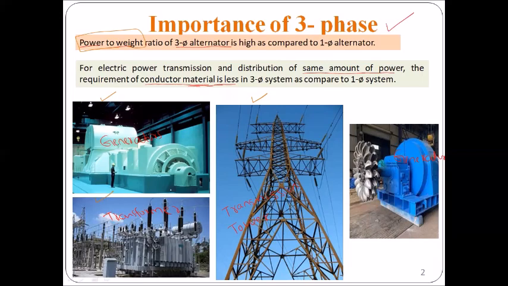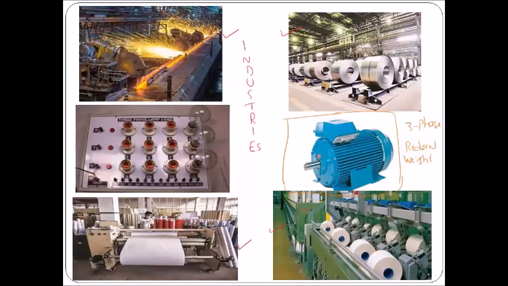An added advantage is that the load, whatever they have to supply, all of them are three-phase. So here is another type of three-phase load, which is given over here, a three-phase lamp load, right?